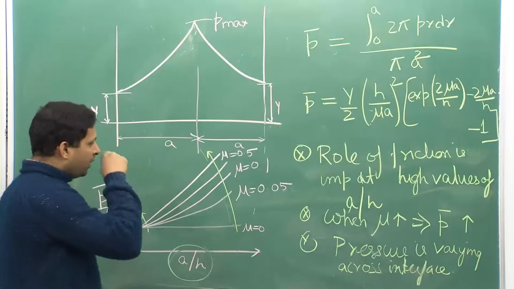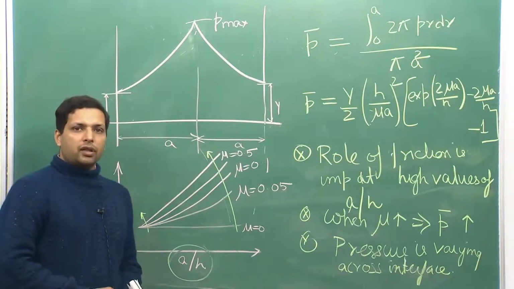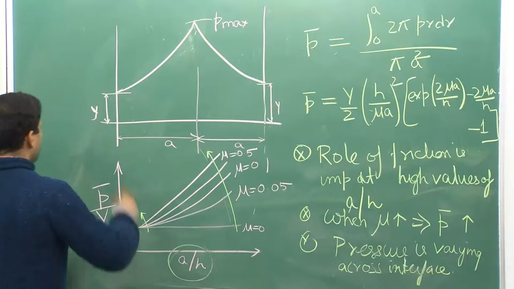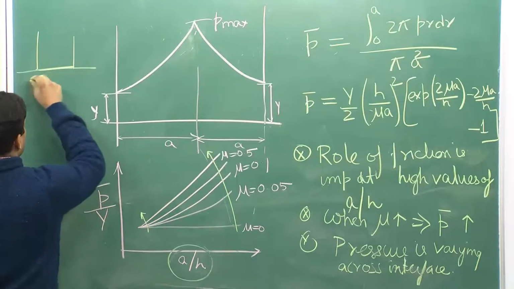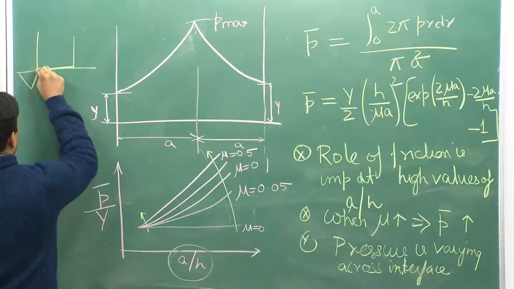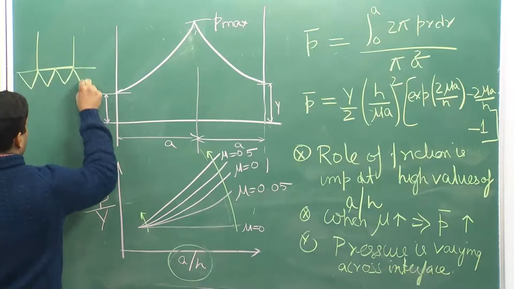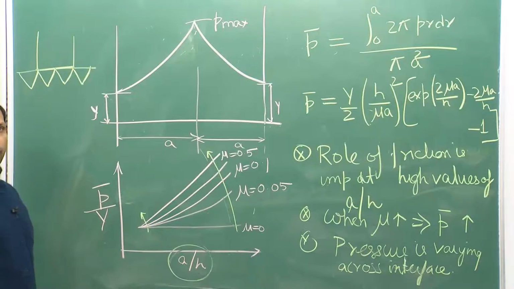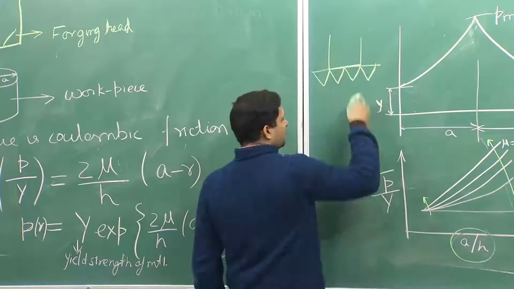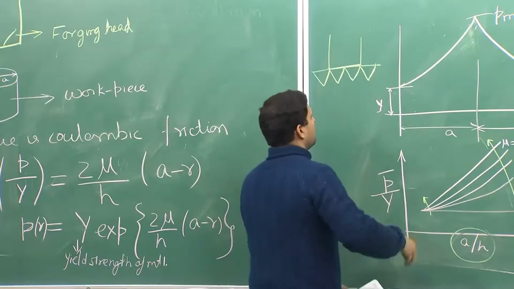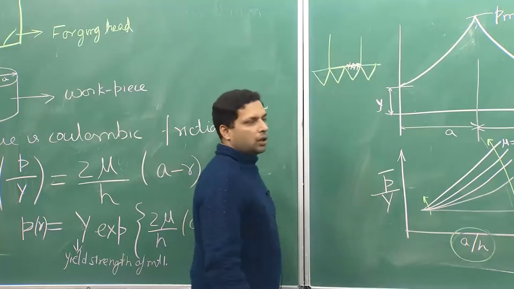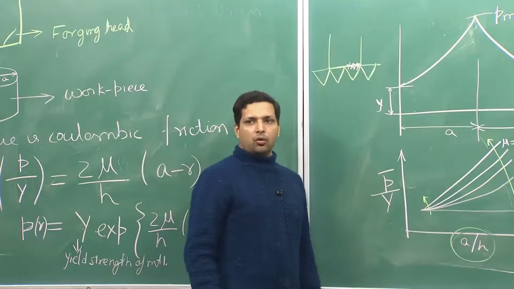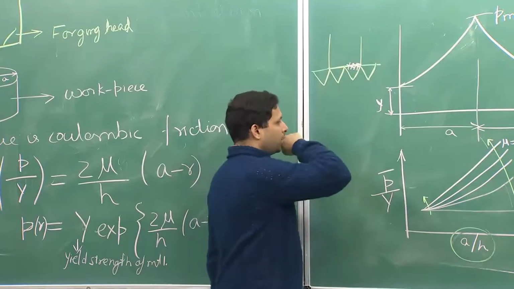And therefore, if you revisit our indentation problem, we assumed there was no friction over here and then we drew a deformation field like this, and we said that in this particular region there is no friction and therefore, we will not count the work being done here.